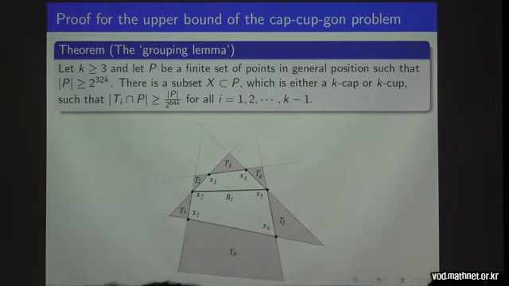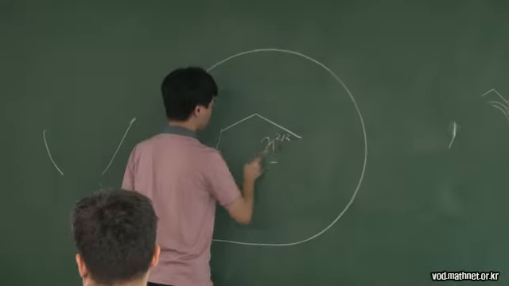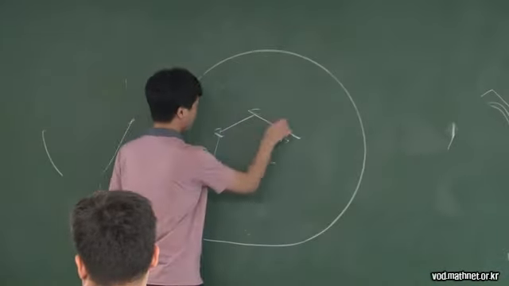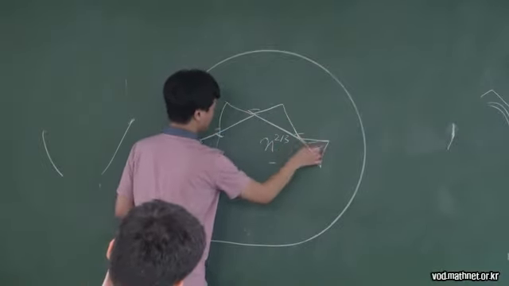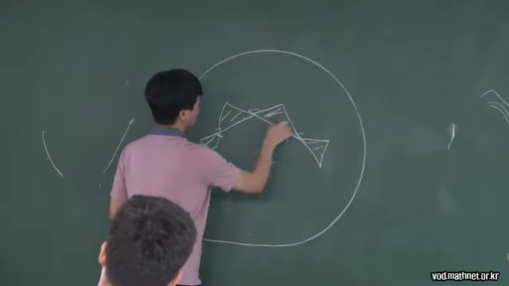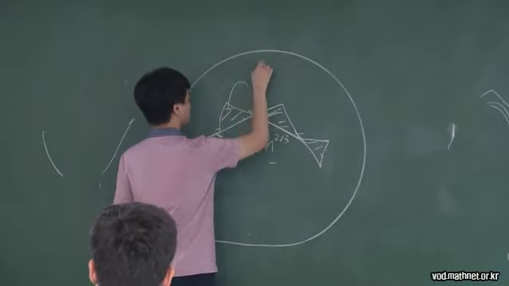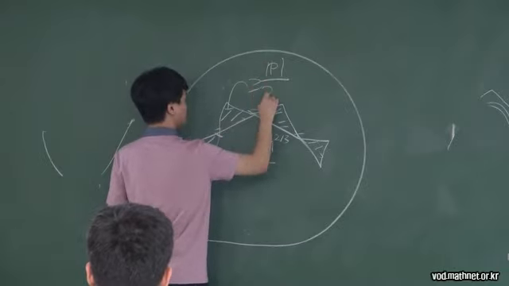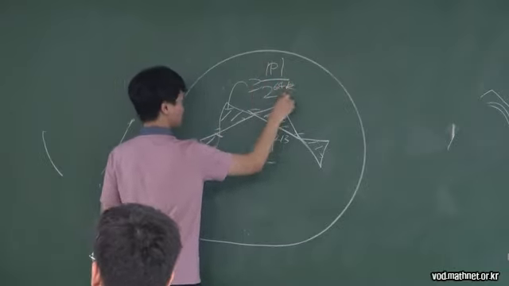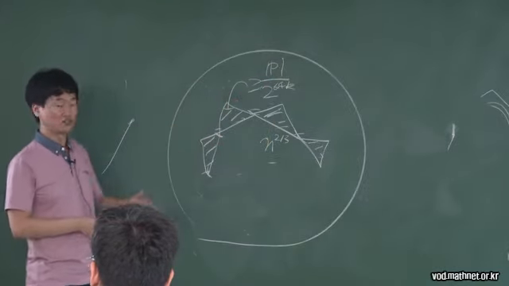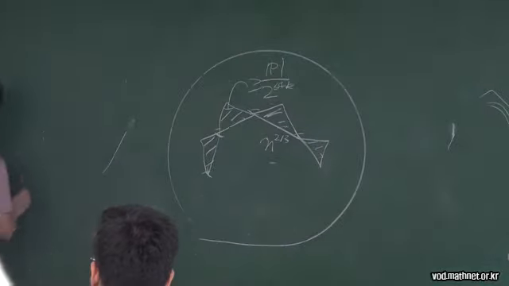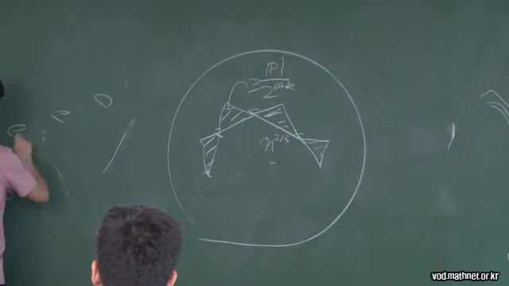So if you have a lot of points over here, then we can find n to the power of 2/3 points among here, so that with the triangles we make from this cup, there is a positive fraction of the whole point set which lies in this triangle. So we have already seen the tight construction like this, right?